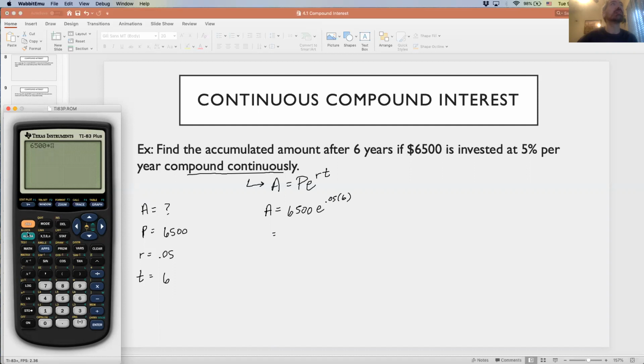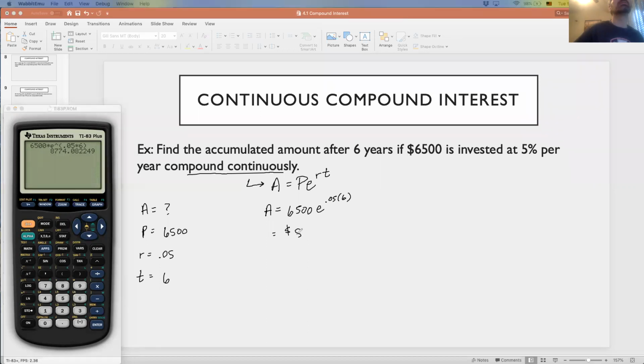So we'll do second, e to the x, and it automatically gives you e caret parentheses. So we've got 0.05 times 6. Close that parentheses. And we'll get an answer of $8,774.08. That is our accumulated amount when compounded continuously.